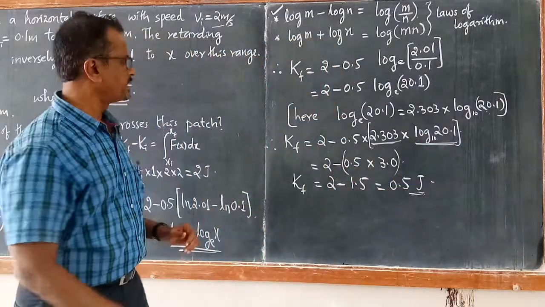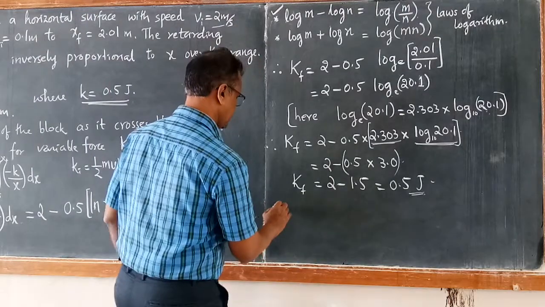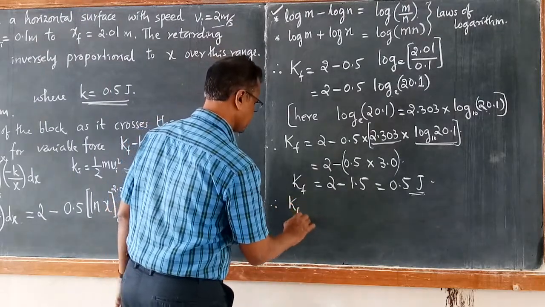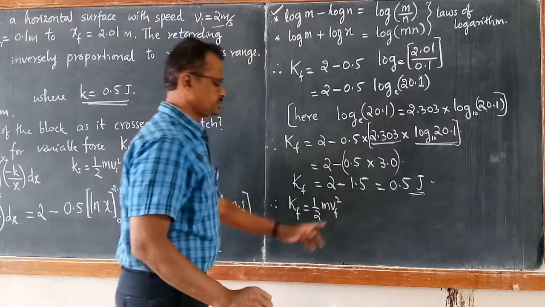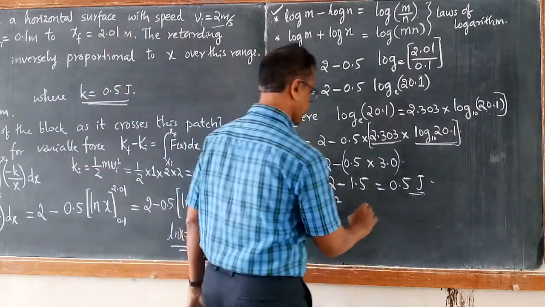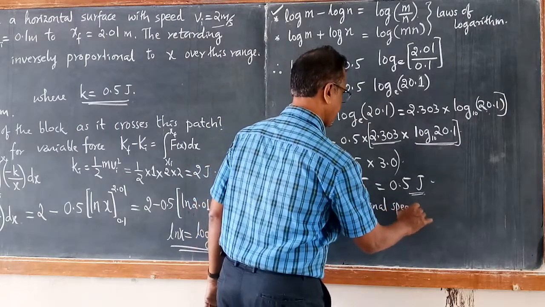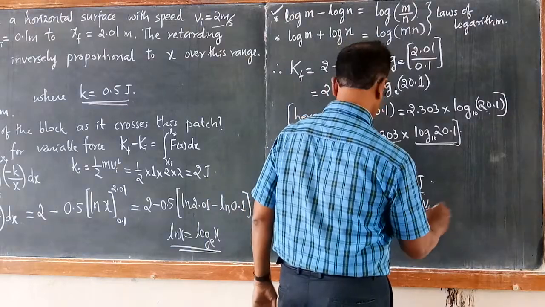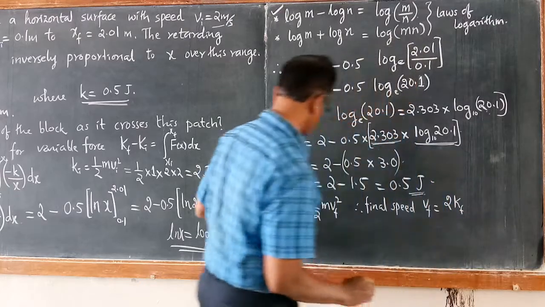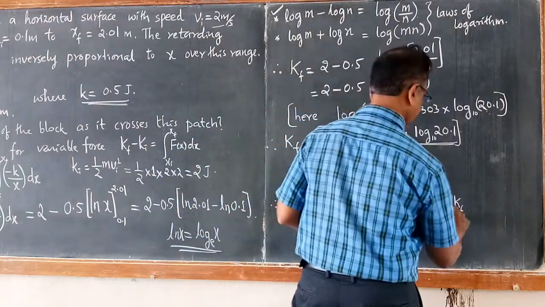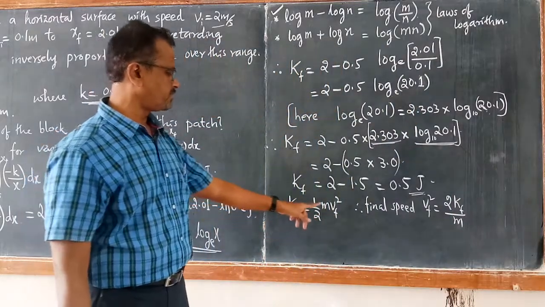Once you get the final kinetic energy, now we can calculate final speed. Therefore, Kf is equal to half m Vf square. So using this, we can calculate the final speed. Vf square is equal to 2 Kf divided by m.